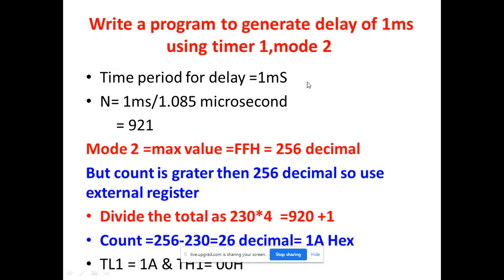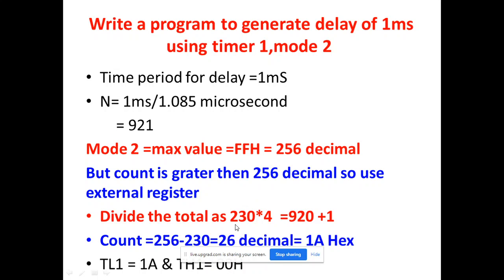Now your desired time is 1 millisecond. According to that, you calculate the value of n. It comes to 921. In mode 2, the maximum value is FF only, whose decimal value is 256, and your n is 921. But this 921 is much more than 256, and that's why we are using an external register here. We divide the actual total in such a fashion that it is less than 256.